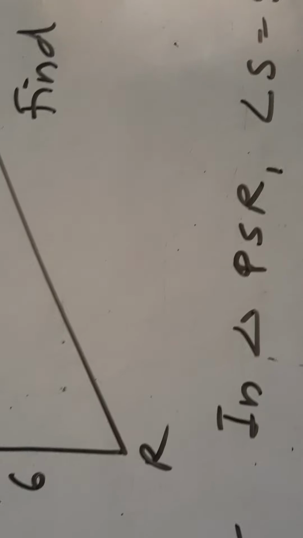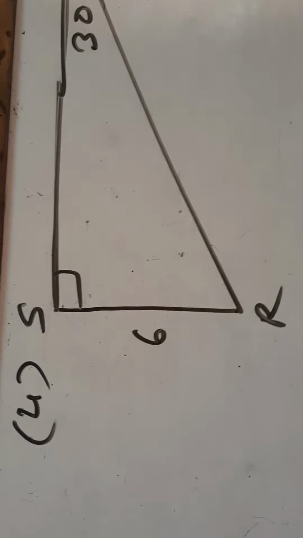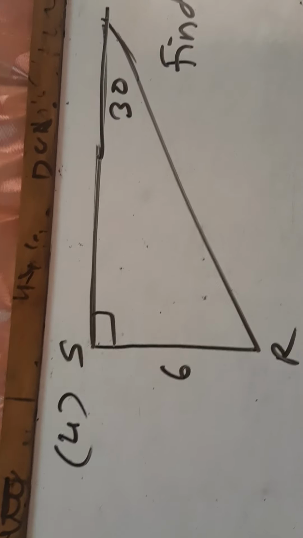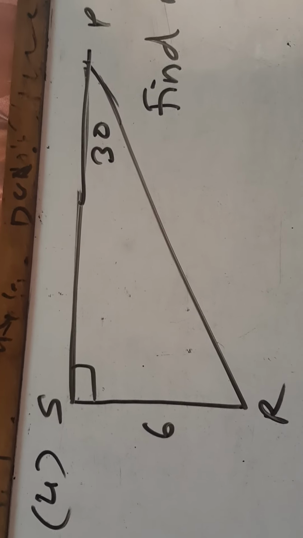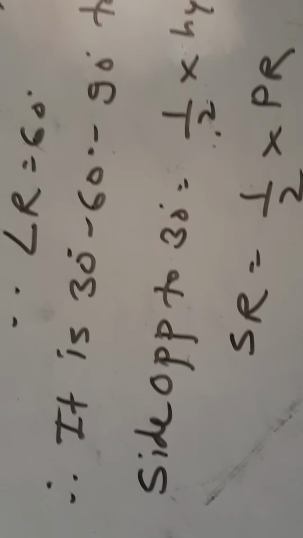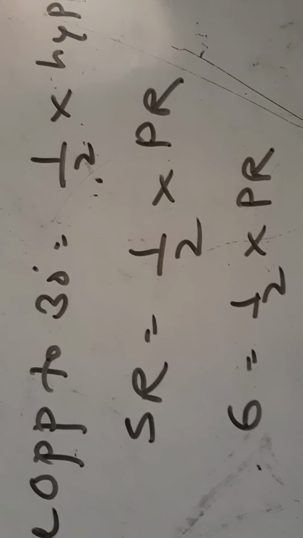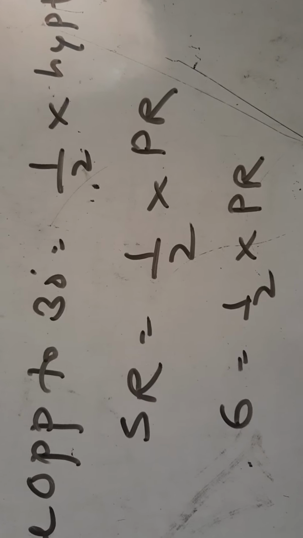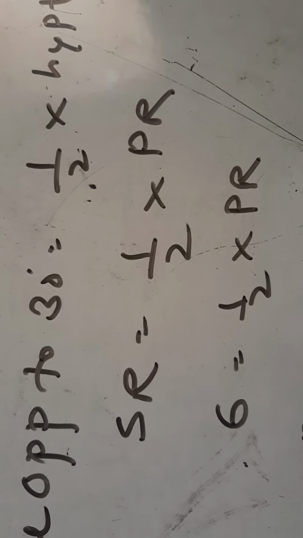SR is the side opposite to the 30 degree angle, that is P. So we use: the side opposite to 30 degrees is half of the hypotenuse. So SR equals 1 by 2 of PR, that is 6 equals 1 by 2 PR.